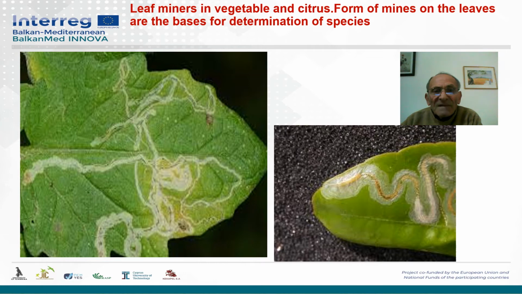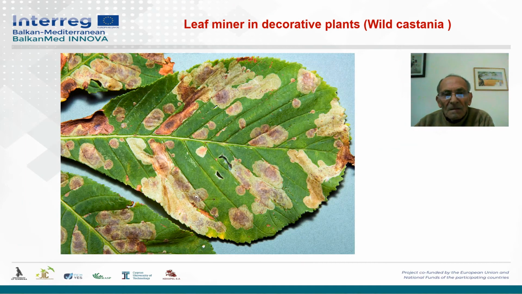They are leaf miners in vegetables and in citrus. The form of the mines on the leaves is the basis for determination of the species. Leaf miner in decorative plants such as wild chestnut: in this case, the mine has quite another form.